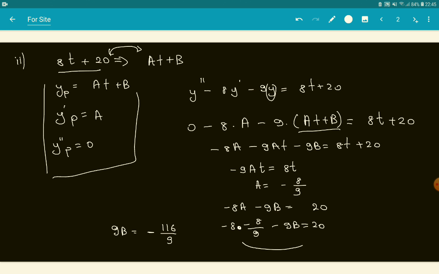I just bring it to that side and this negative sign as well. So from here I found that B is equal to negative 116 over 81. So I found what A is and what B is.